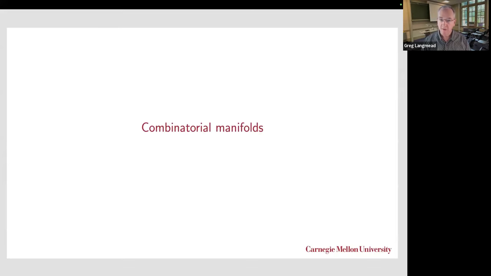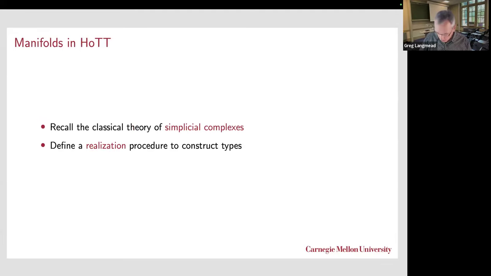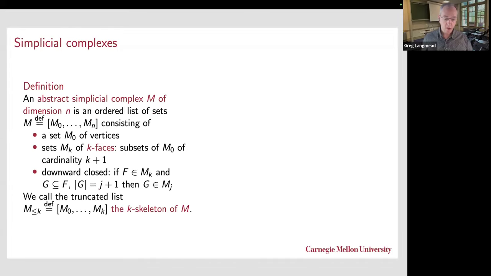Okay, so the manifolds. There's a bunch of different takes on manifolds. We're going to use classical simplicial complexes, and we're going to turn them into HITs with a realization procedure in an intuitive, I think, way. You do the gluing that's being specified by the edges of the complex faces. So in abstract, this is in sets now.